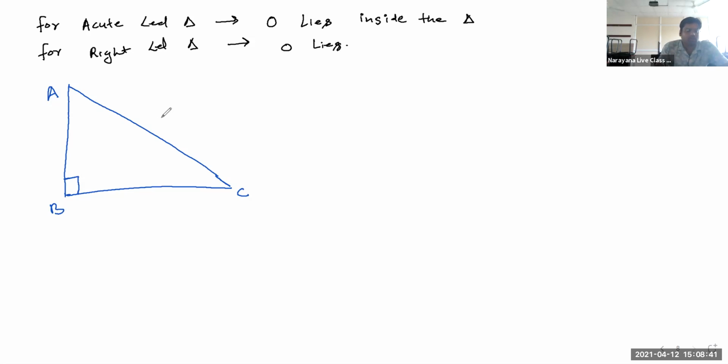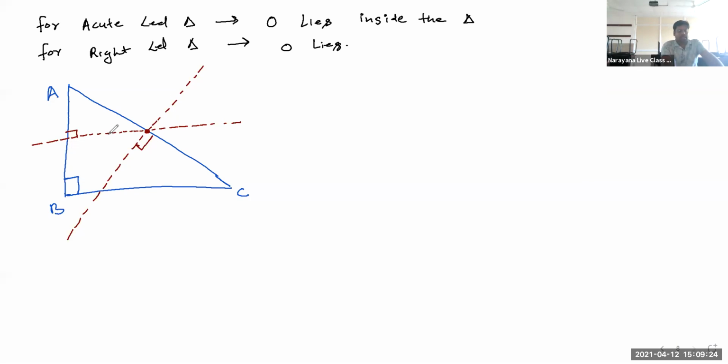If you draw a perpendicular bisector of side AC, then it will pass through the midpoint of AC and it will always be perpendicular to AC. So this is our first perpendicular bisector, of side AC. What will be the perpendicular bisector of AB? It will be this line.